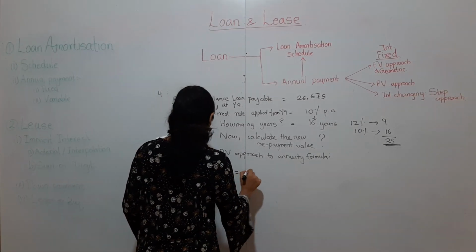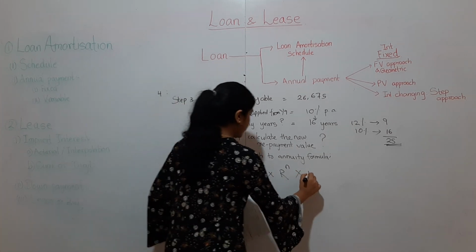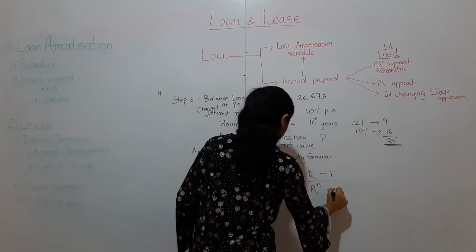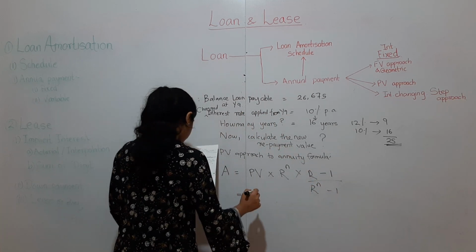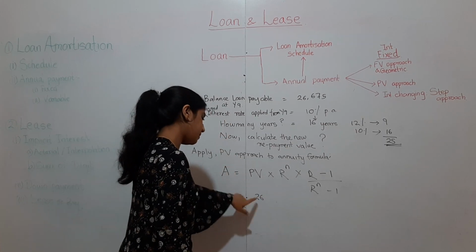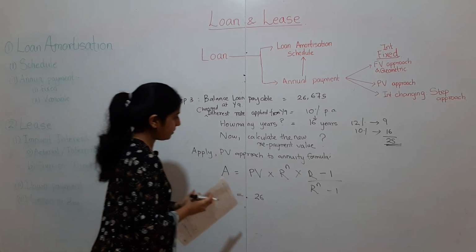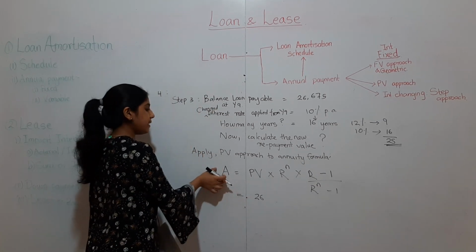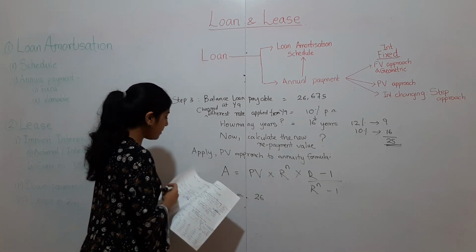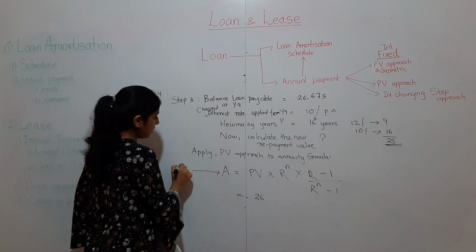So you get A equals present value multiplied by R^n (R minus 1) divided by R^n minus 1. Now the present value here, a very critical factor. This monthly repayment is starting from which year? Year 9.